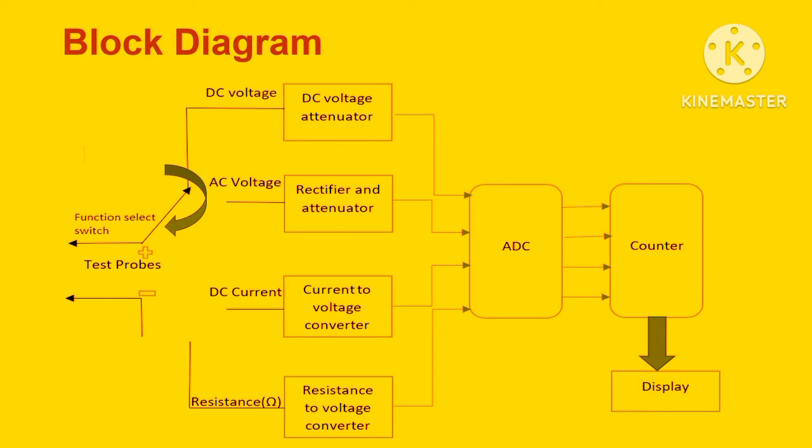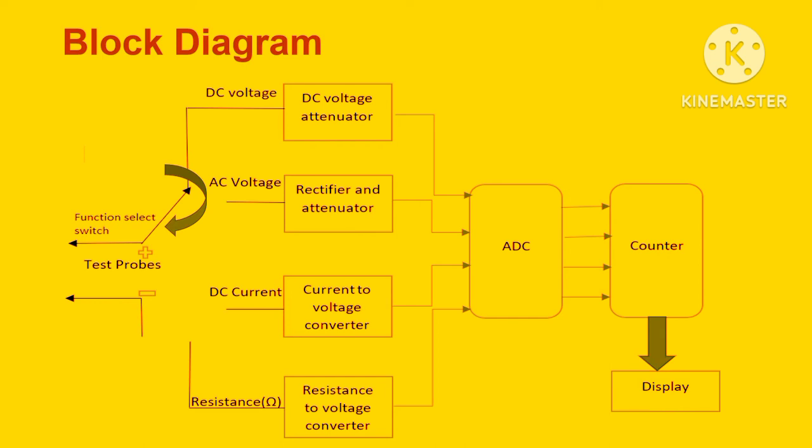Now the DC or unknown current at the input is passed through a known resistance to produce a DC voltage across it, and that is proportional to the unknown DC current, and this voltage is applied at the input of the ADC block.